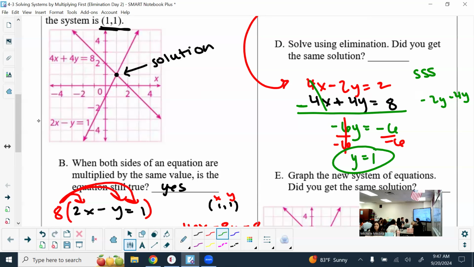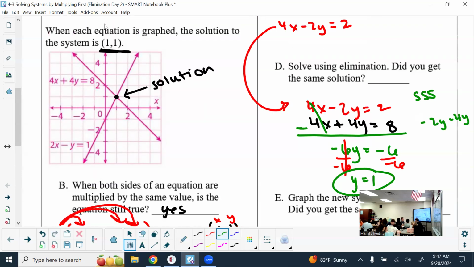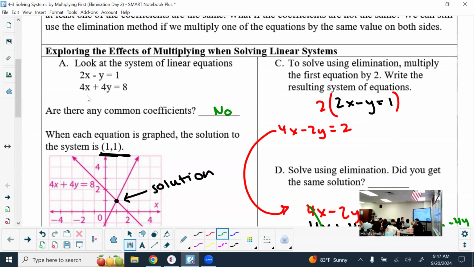Plug in the y into one of the original equations. And I would do one of the very original equations, like the ones that they print on your paper. Because you could multiply something wrong. But just plug into one of them. Which one do you think would be easier to plug into?